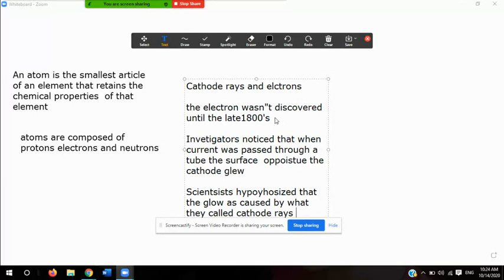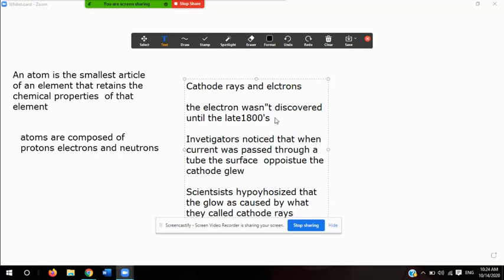We haven't really gotten to what a cathode ray is yet, but this experiment was very important because it generated two very important things. Basically, the ray traveled from the cathode to the anode.